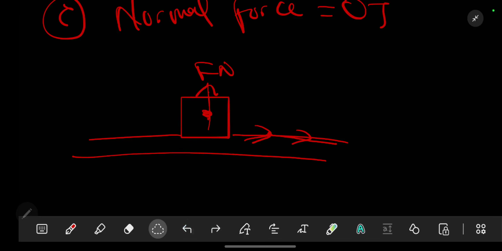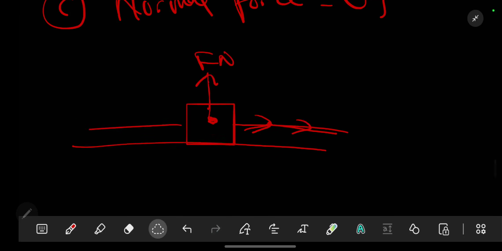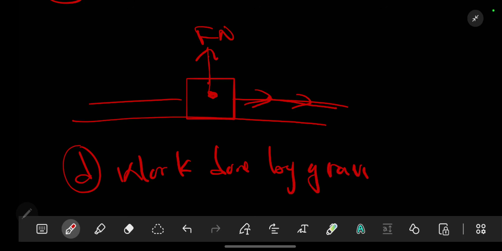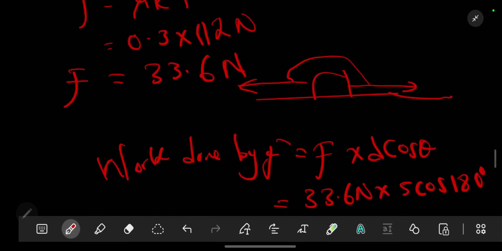But in this case, there is absolutely no work because it does not leave contact. The normal force is acting upwards, like that. Then also the work done by gravity. Remember, gravity was acting downwards, and this block has not moved in the downwards direction. Therefore, the work done by gravity in this case is also 0 joules.